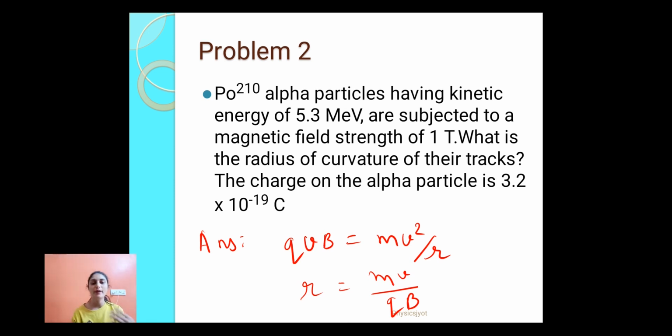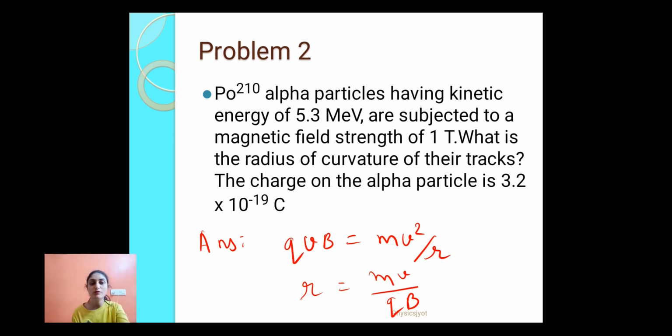So instead of remembering the formula of R and v, you can simply remember this formula where QvB is the magnetic force and mv square upon r is the centripetal force. That becomes easy to remember, and then you can write it in terms of r or in terms of v, whatever you have to calculate.